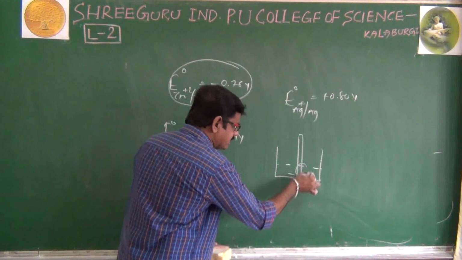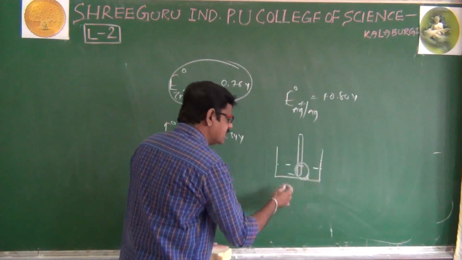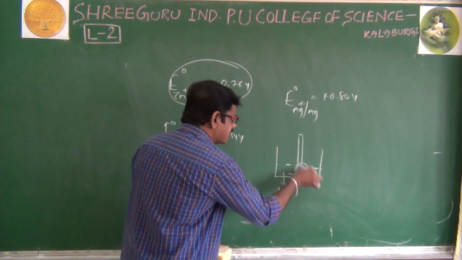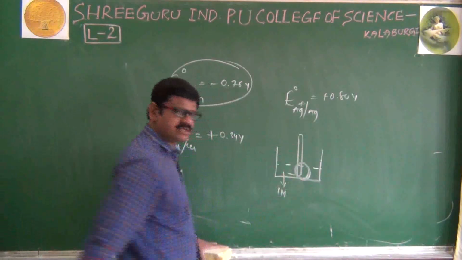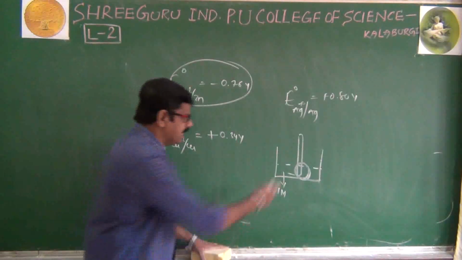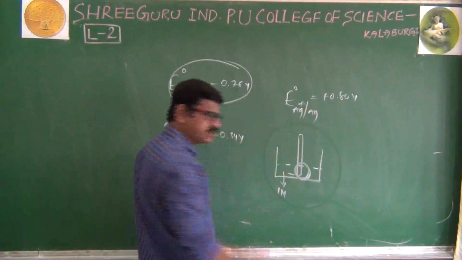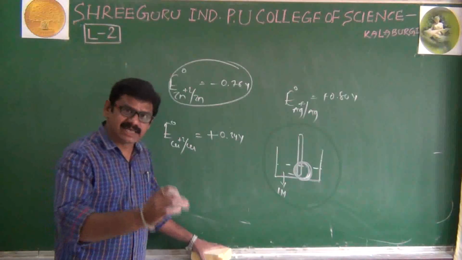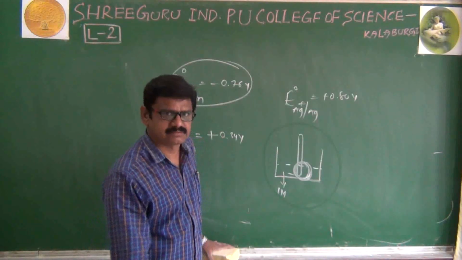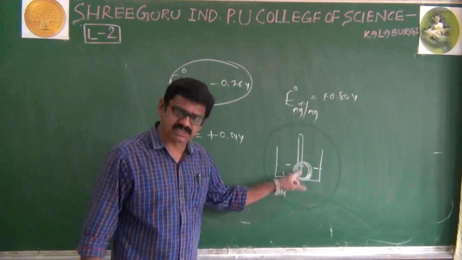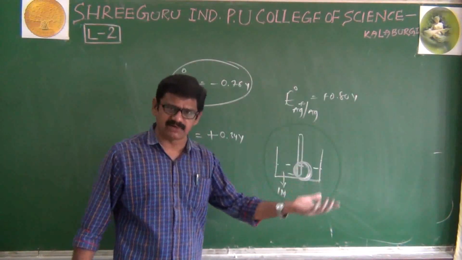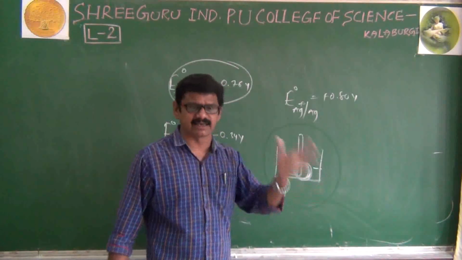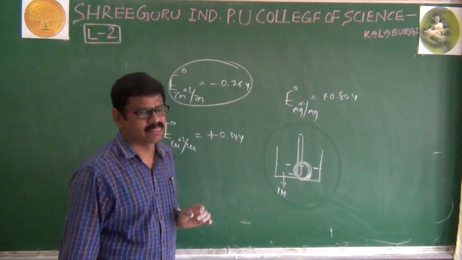Here an electrical double layer, a charge separation, takes place if you maintain conditions like 1 molar. Whatever electrode potential is developed is called the standard electrode potential. If you take only a single electrode, whatever potential is developed there, we cannot calculate directly. The absolute value of a single electrode potential, or of the standard electrode potential, we cannot calculate directly. That is a very important point.